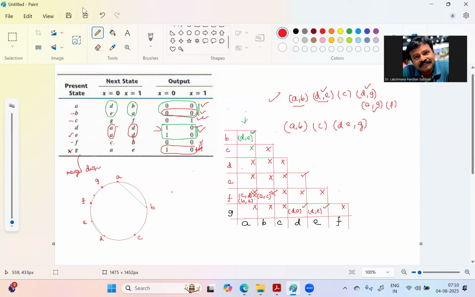Then AB, then DE, then C as it is. Then DG, you have to draw it.